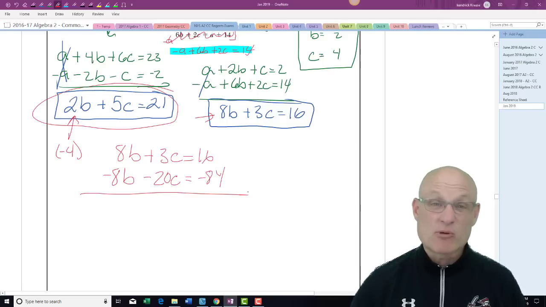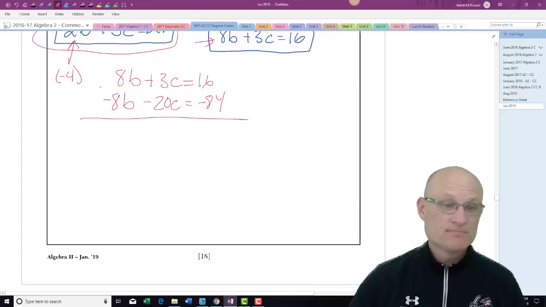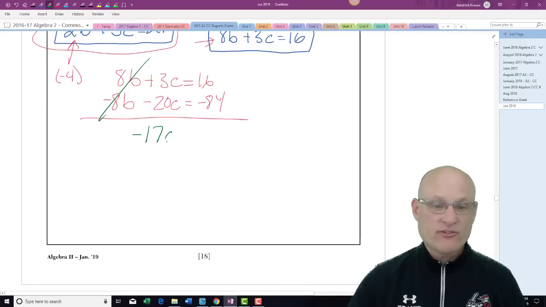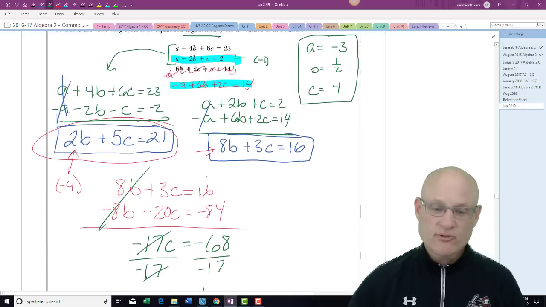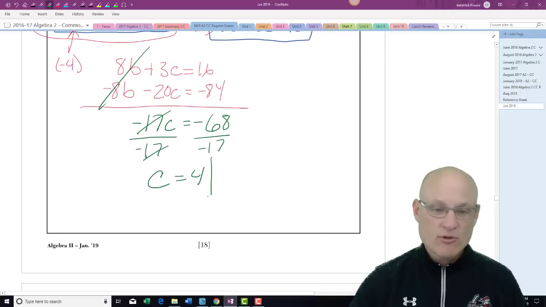That's the hard part. You've got to multiply everything through. We are almost done. I get -17C equals -68. Divide by -17, divide by -17, and C is 4. C is 4, good. So I got the first part.